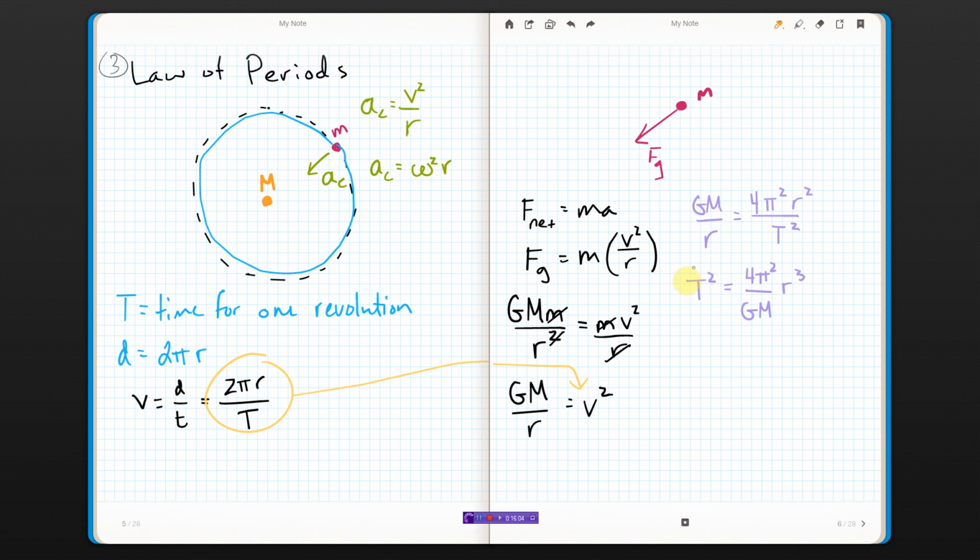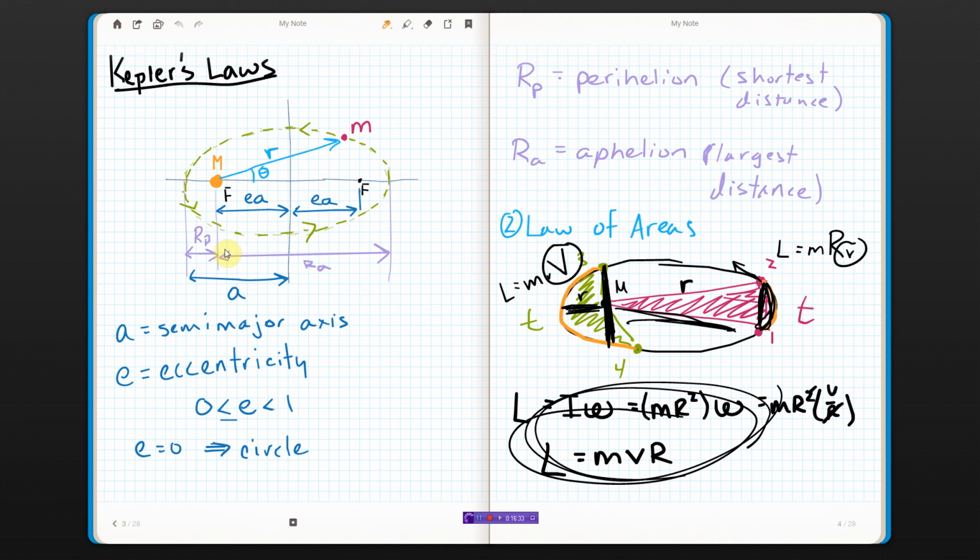The law of periods says that the square of the period of any planet, it doesn't even have to be a circular orbit, is proportional to the cube of the semi-major axis. For a circle, the semi-major axis is just r. If this was an ellipse, we would just change that r to the a, the long one.